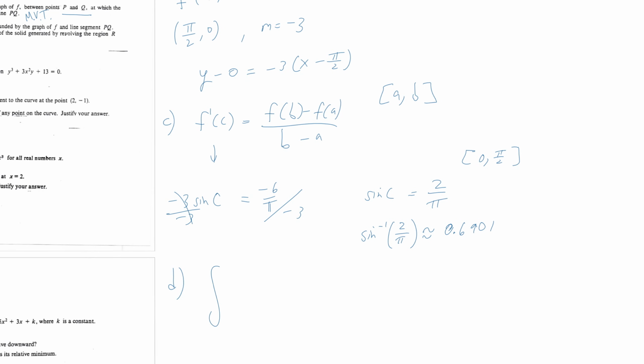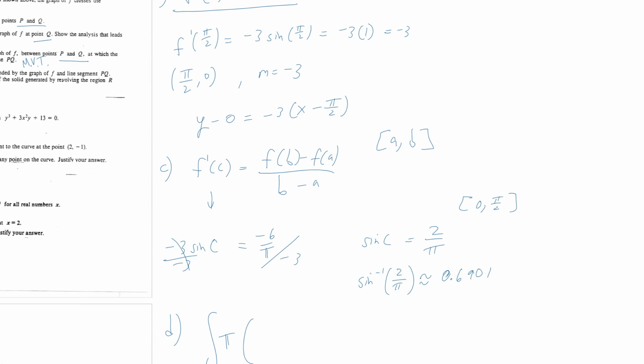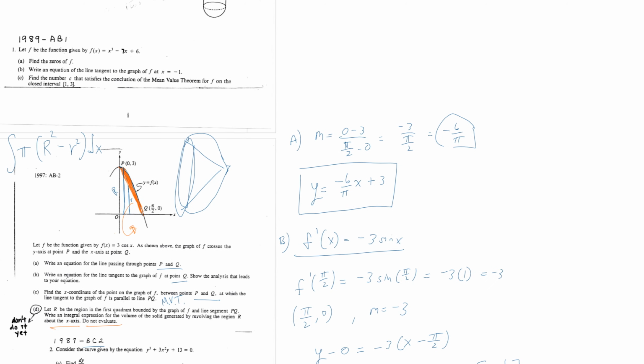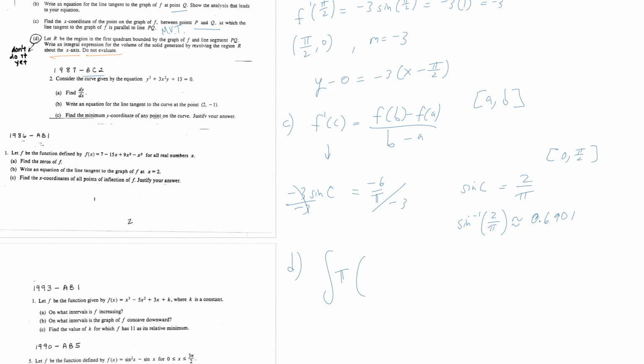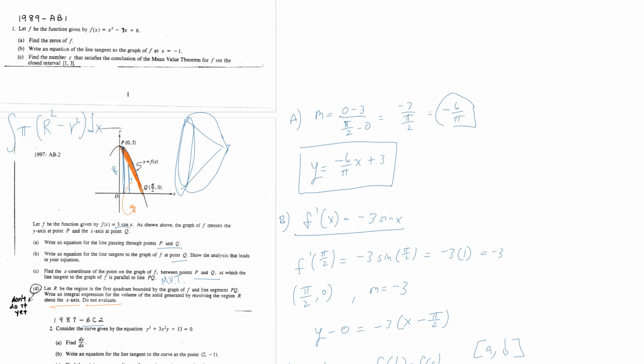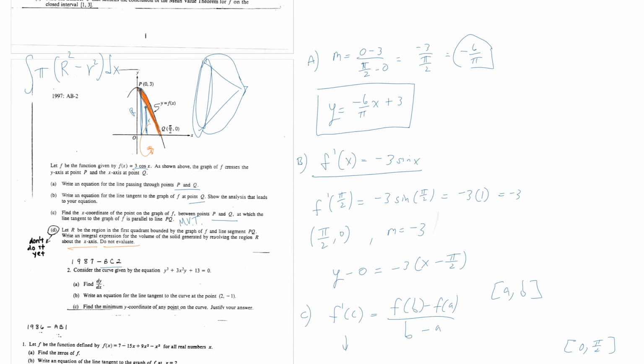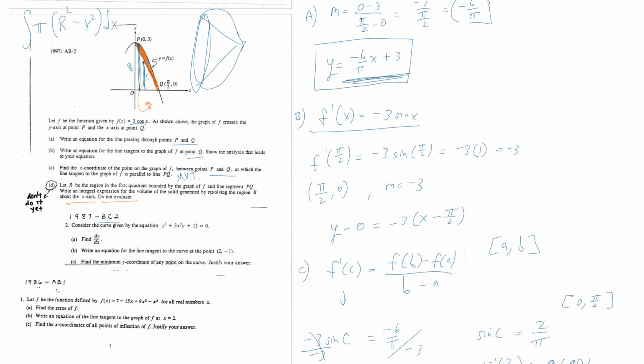So it's going to be the integral of pi times the bigger R. What's the bigger R? The value of y, right? This entire line depends on the equation 3 cosine x. So it's going to be 3 cosine x squared, minus, and then the little r, the y value, is dependent on the other equation, which we did in part A. That's why they want us to do part A. Minus this equation squared.